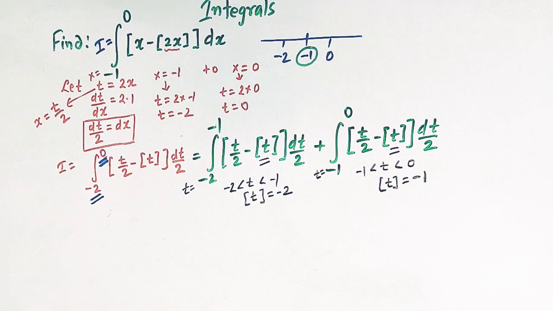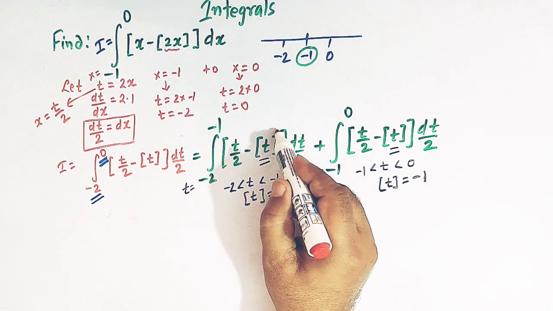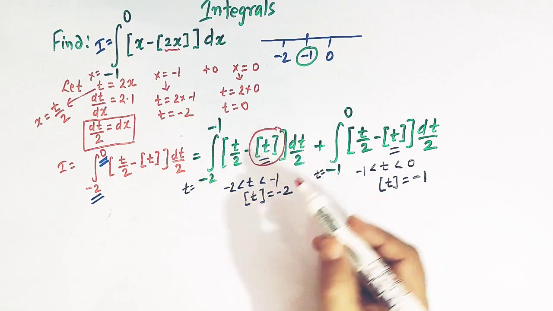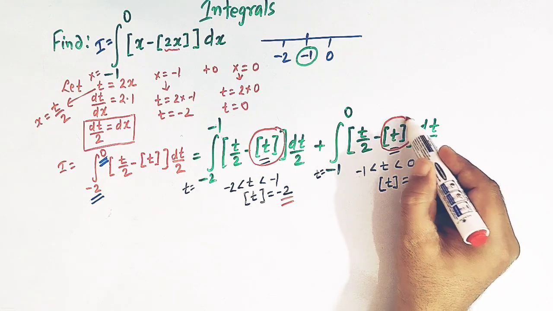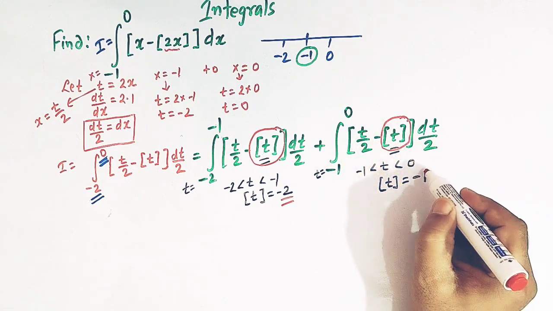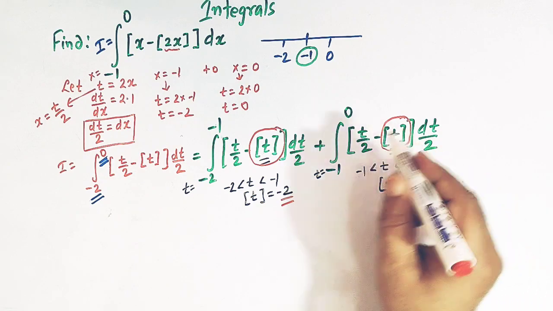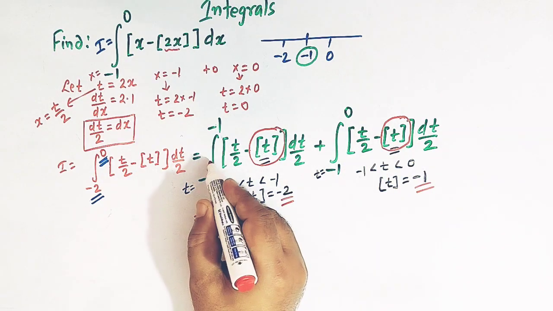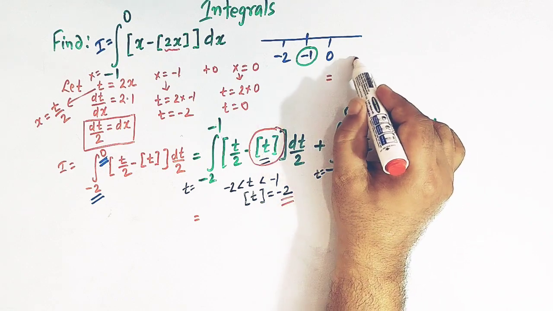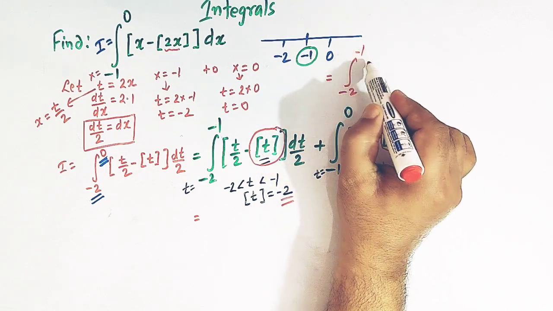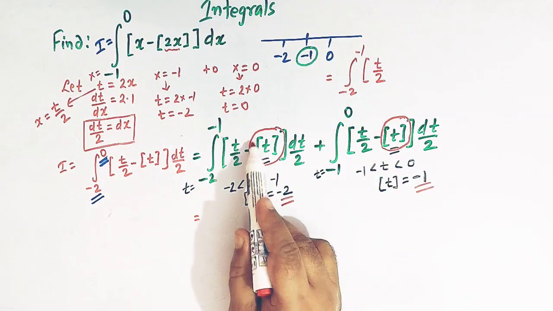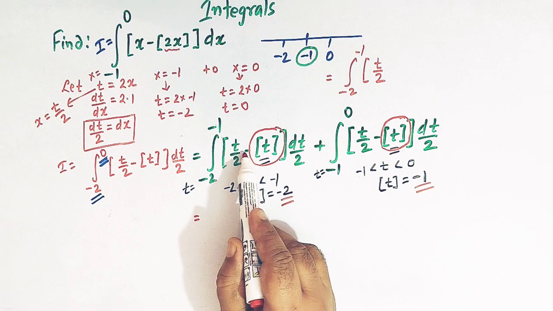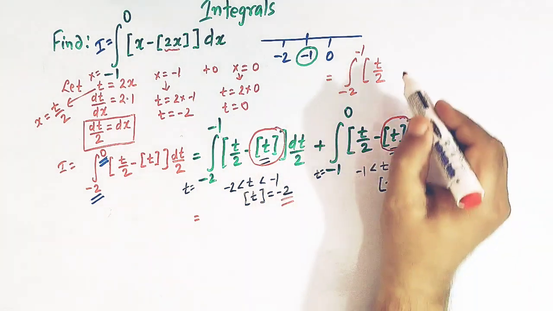So now what we can do, we can replace this greatest integer of t by -2 in the first integral, and in the second integral the greatest integer of t may be replaced by this value -1. So now these two integrals can be written as -2 to -1, and here we have greatest integer of t by 2. And when we take greatest integer of t as -2, this negative sign and this negative sign become positive.